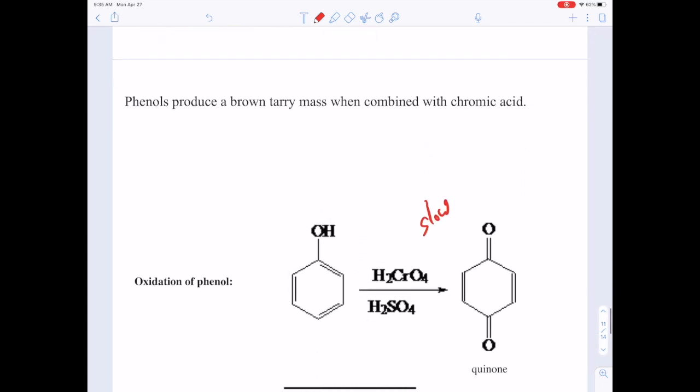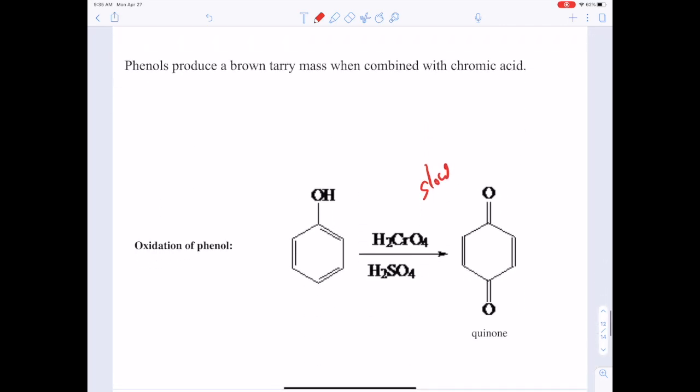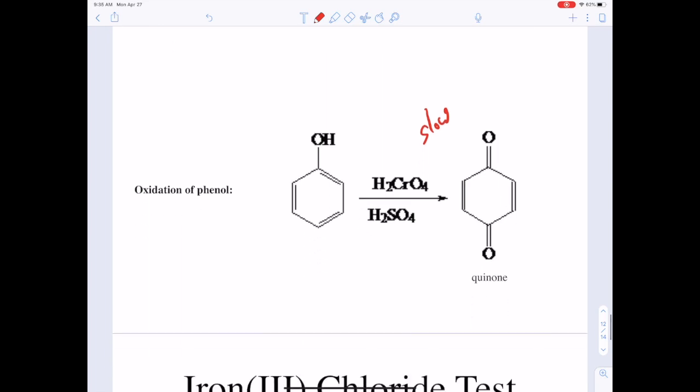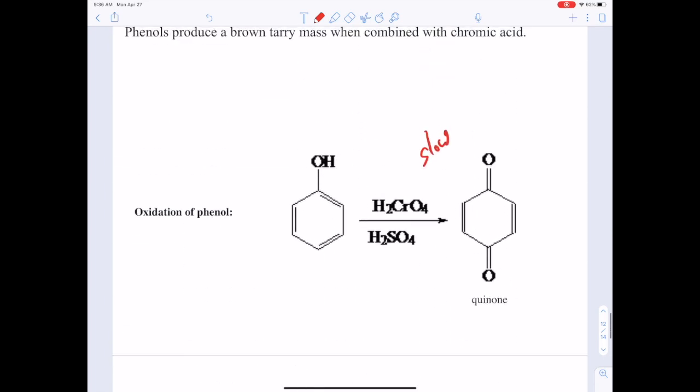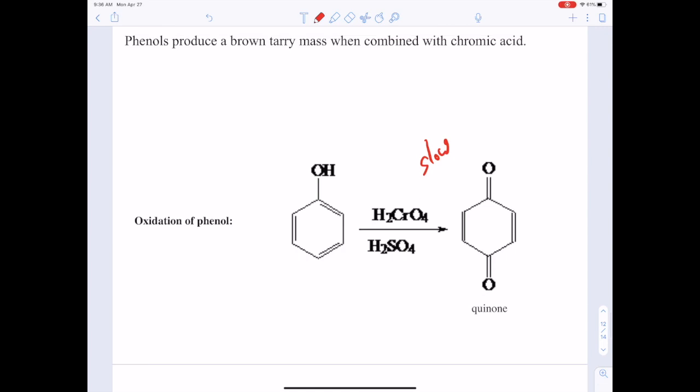So yes, it is a reaction that you see, but it's not a positive test because it's not indicating a primary or secondary alcohol. I guess you could say it's further evidence of a phenol, so it is useful in that regard.